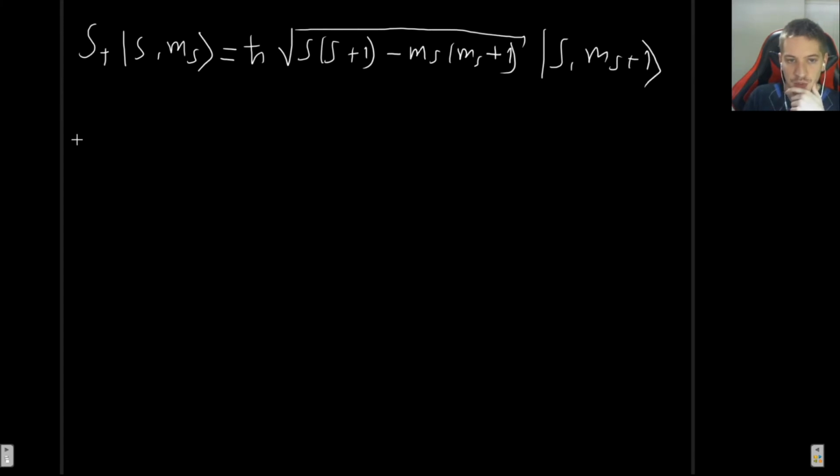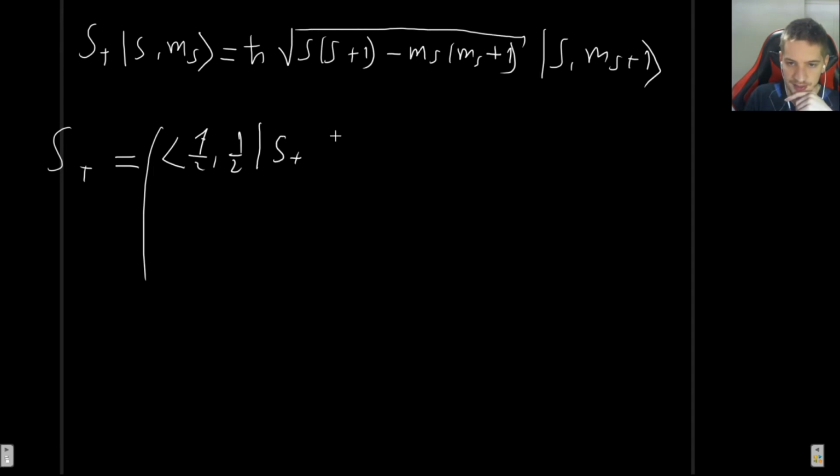Okay, so let's build the matrix in the same way. So this time it's going to be a bit different. So let's take a look at this. So first we have the state 1 half, 1 half, S plus, 1 half, 1 half. Now, what happens when we apply this operator?